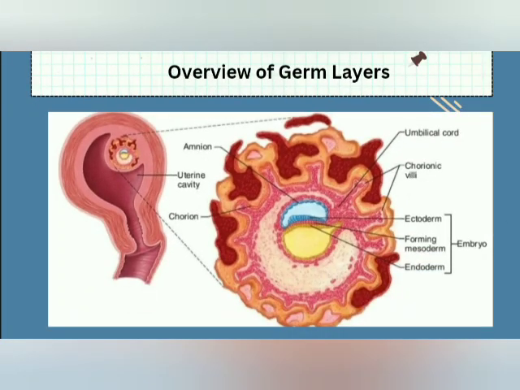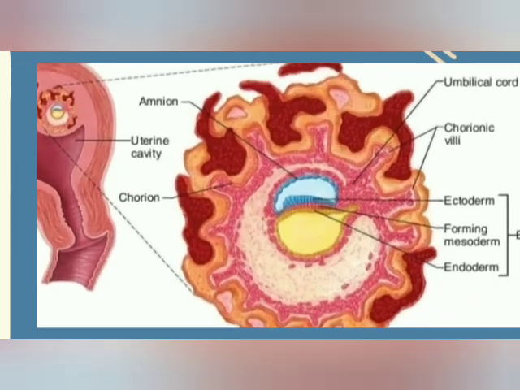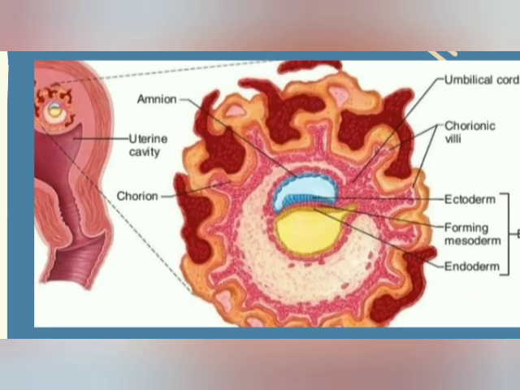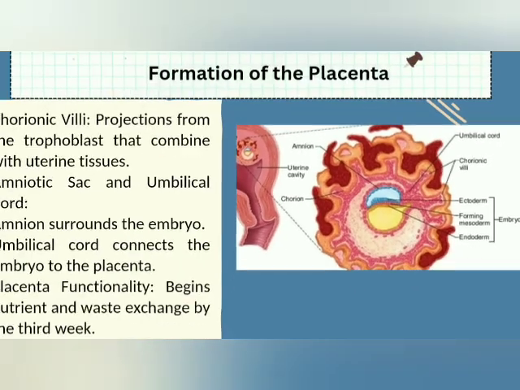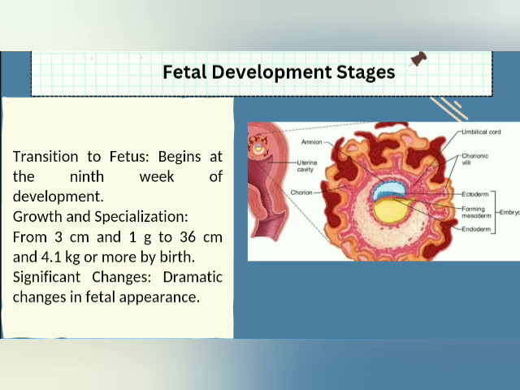Chorionic villi are projections from the trophoblasts that combine with uterine tissues, and the amniotic sac surrounds the embryo, which we can see here. Then the placenta begins to function.